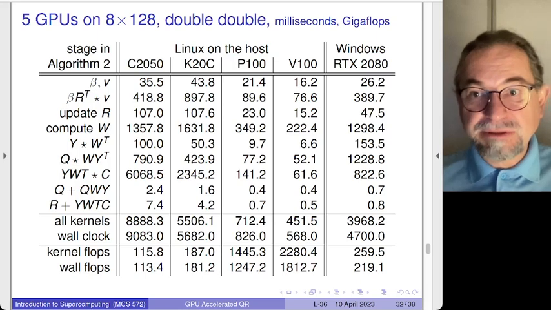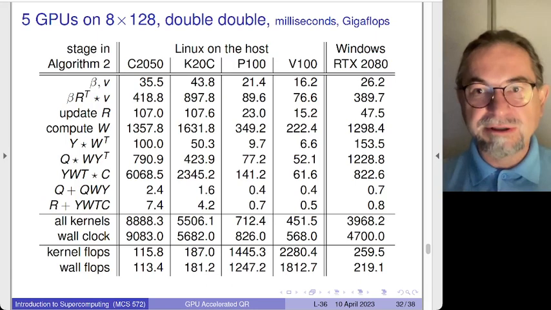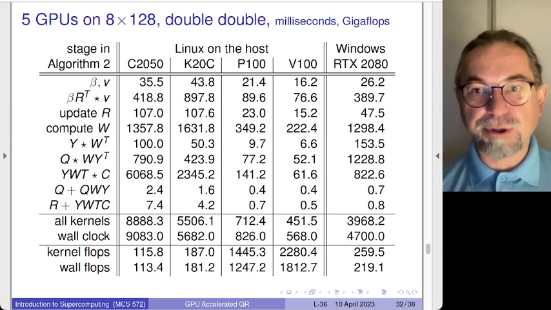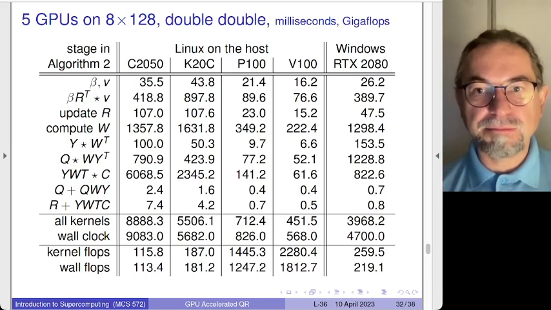The flops are computed by counting, not by hand, but for every kernel there is a separate function that computes the number of floating point operations using the cost overhead tables for the multiple double arithmetic.